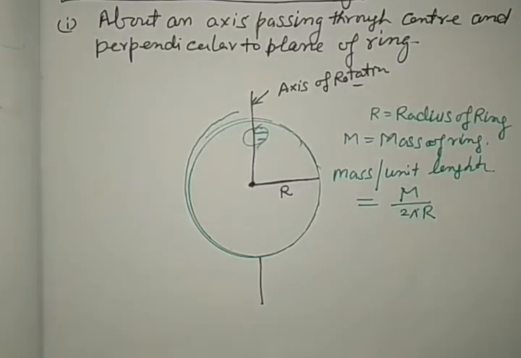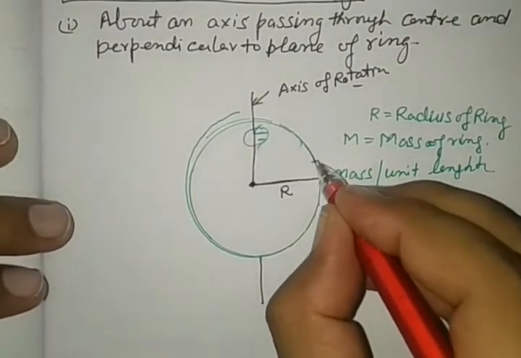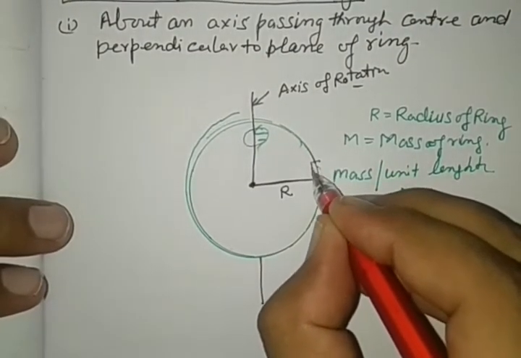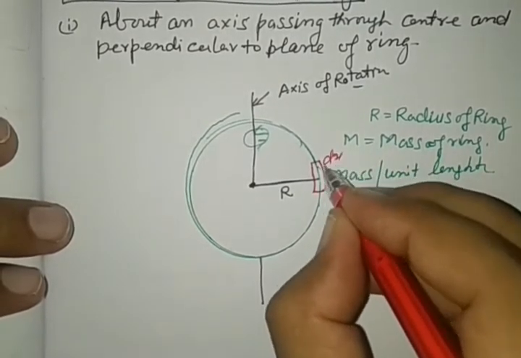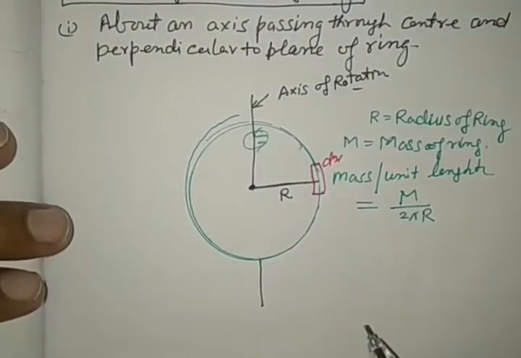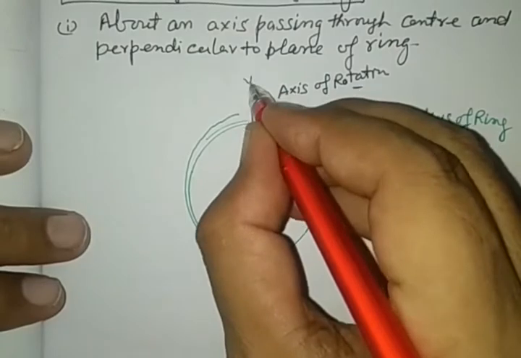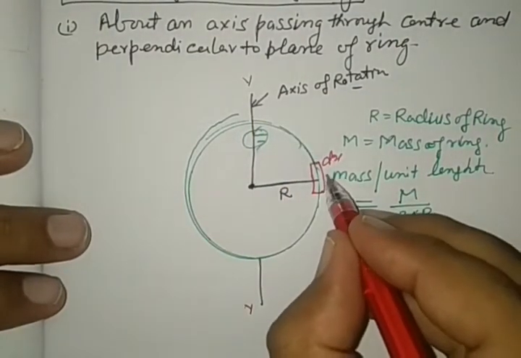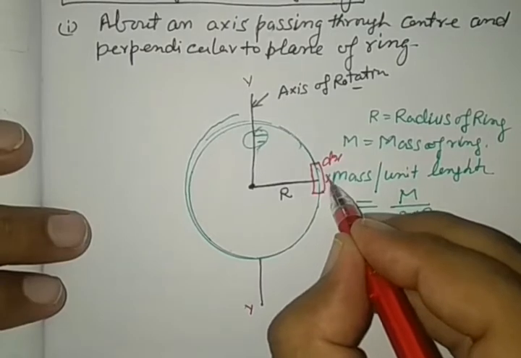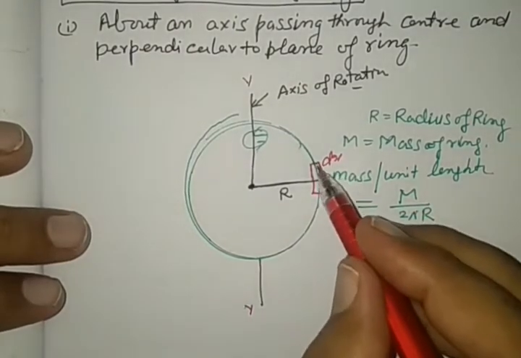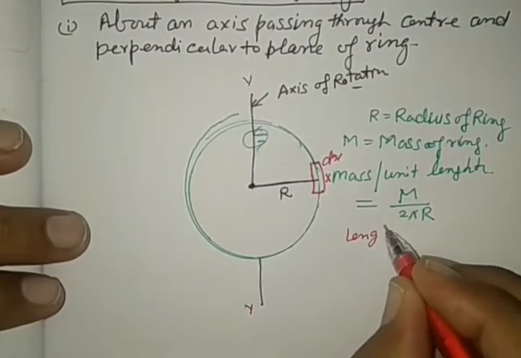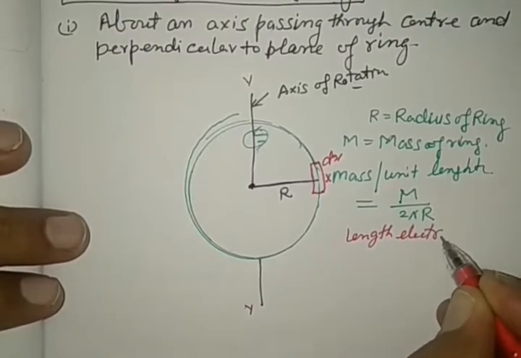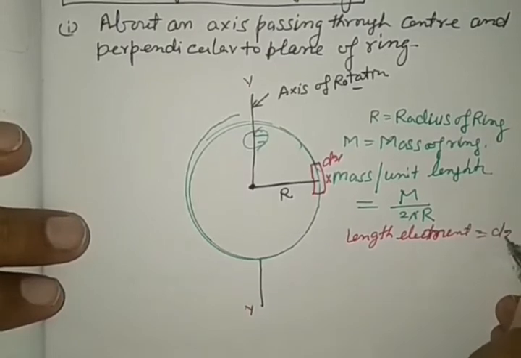Now let us consider a small length element, dx, with y axis in this direction and x axis in this direction.